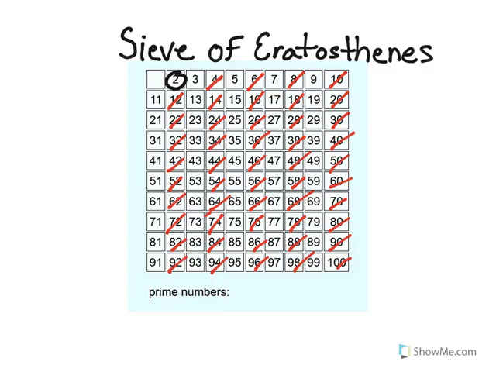Next, the next prime number would be 3. So we're going to circle 3, and then we cross out all multiples of 3.